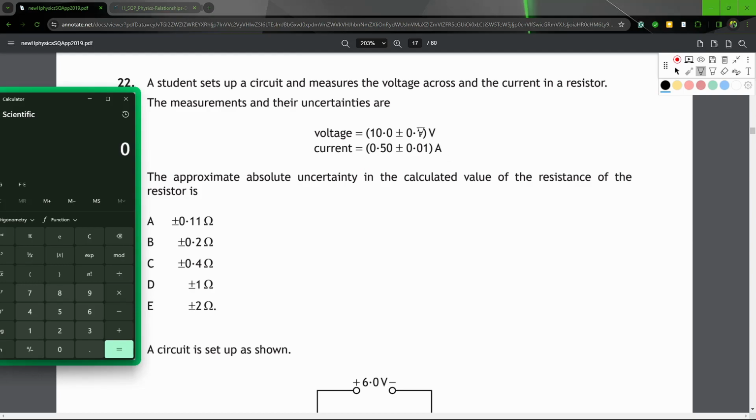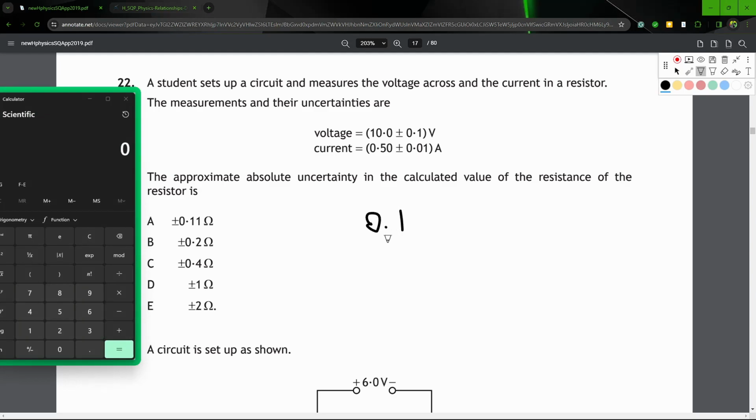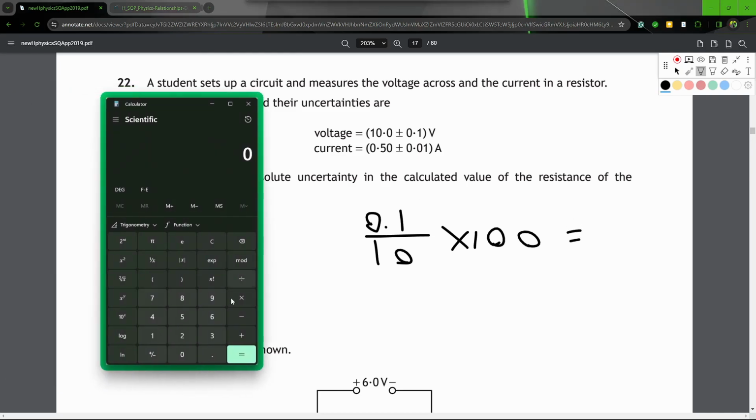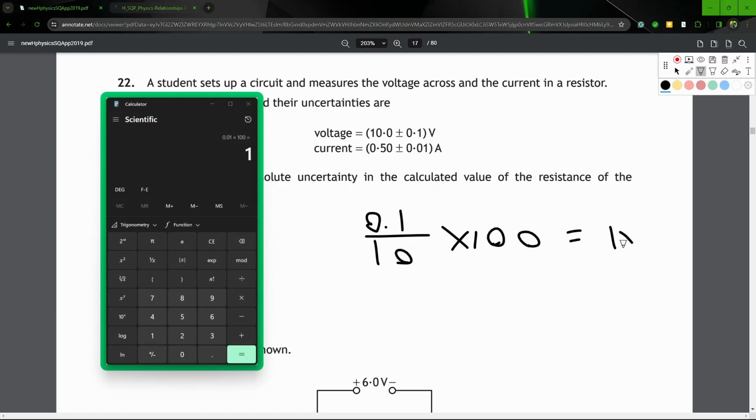So I'm going to convert these into percentage uncertainties, and then we'll pick the highest one and then apply it to the final answer. So 0.1 divided by 10 times 100, that equals 1%. Okay, cool.